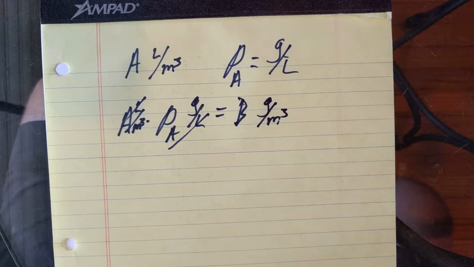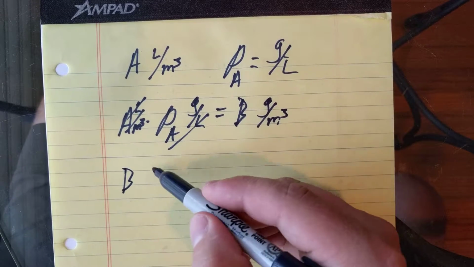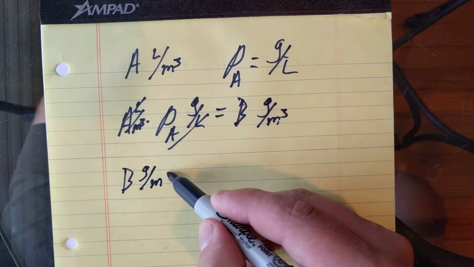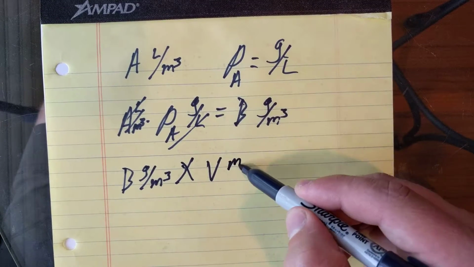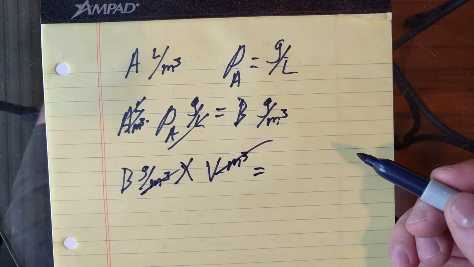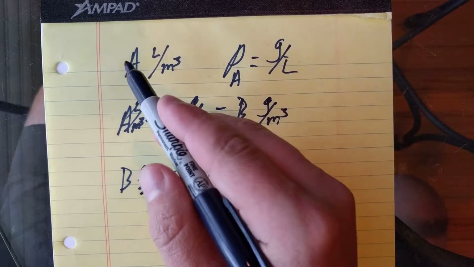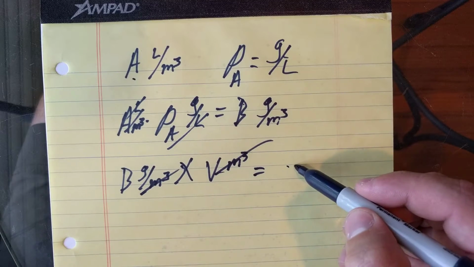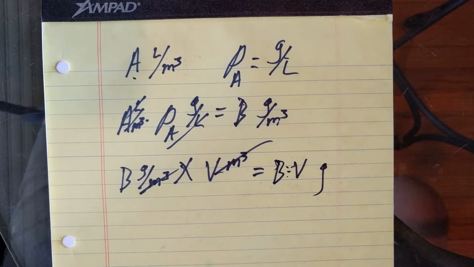That's all we're doing. We're just trying to move things around to get a number that's useful to us, right? Then say I had a volume. So I can take this quantity B with grams per meter cubed and I can multiply it by a volume that has units of meters cubed. Now the meters cancel, and I know how many grams of B I have, or grams of A that I have, right? So you get B times V grams, okay?